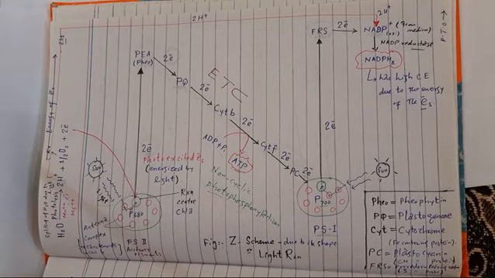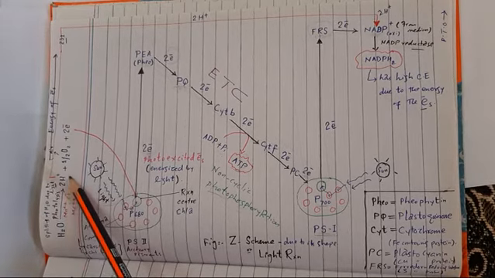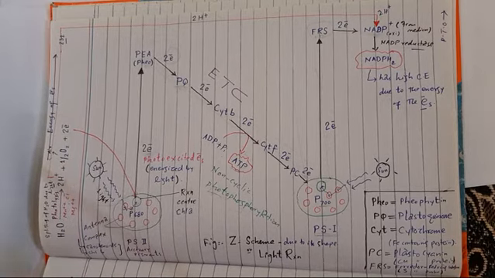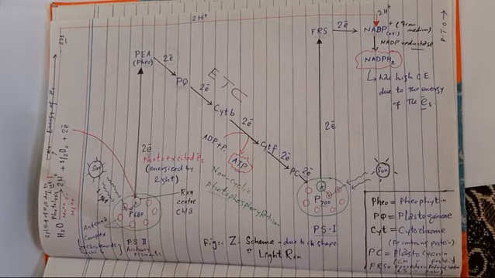And when photosystem 2 absorbs light, the water molecule splits, photolysis occurs, into hydrogen ions, electrons, and oxygen. Oxygen is released into air, right? And as you already studied, the hydrogen ions are taken up by the NADP, which changes into NADPH2.